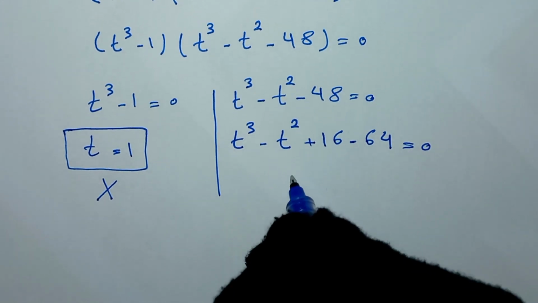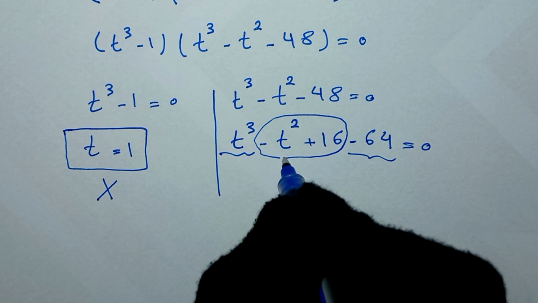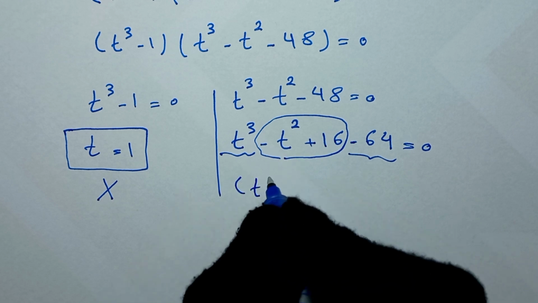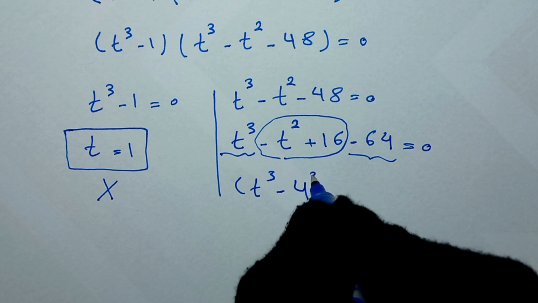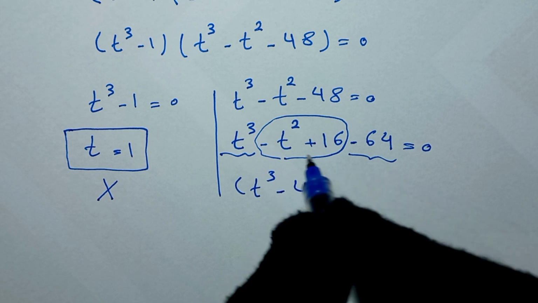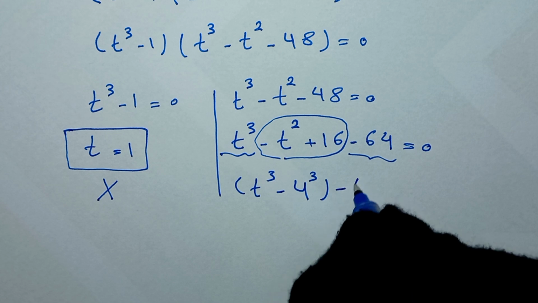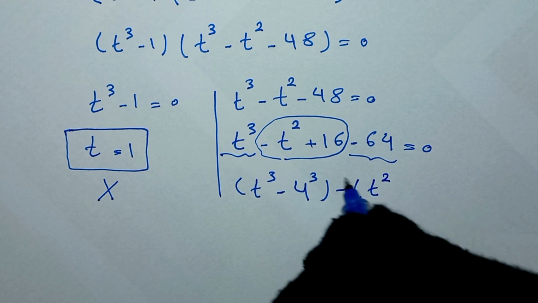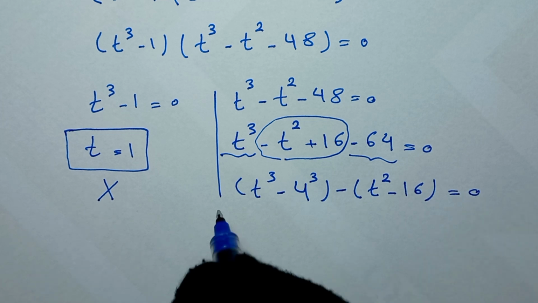We take these two parts together and these two parts together, and it will be t cubed minus 64. We can write 64 as 4 to the power of 3, and for these two parts, we factor negative 1, and it will be negative t squared minus 16, right, is equal to 0.